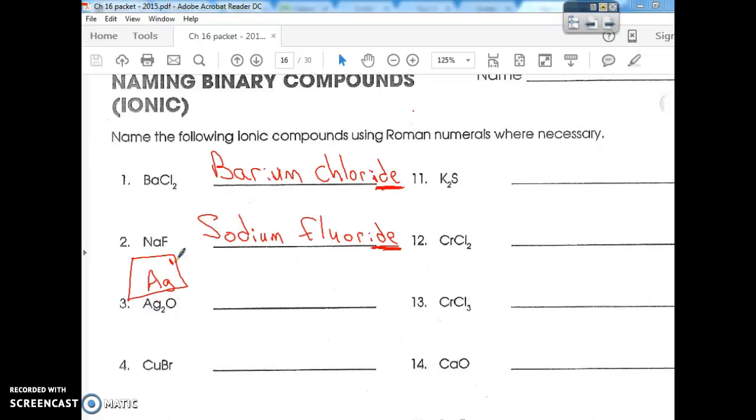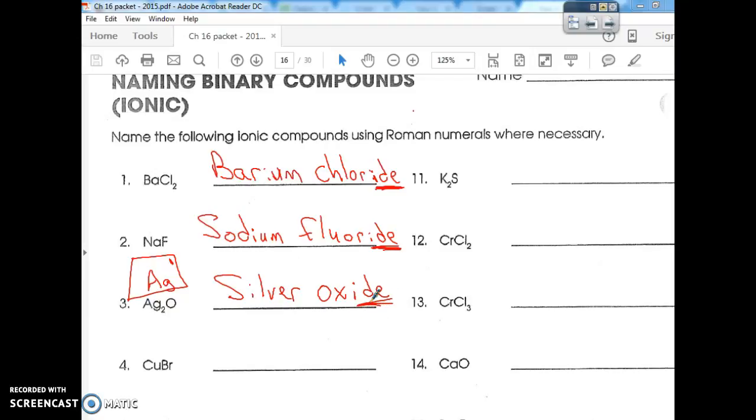That 1 is telling you that silver always has a positive 1 oxidation number, which means this is another easy one to name. You can just write silver. You find O on the periodic table, it's oxygen, and that one becomes oxide, again ending in IDE.